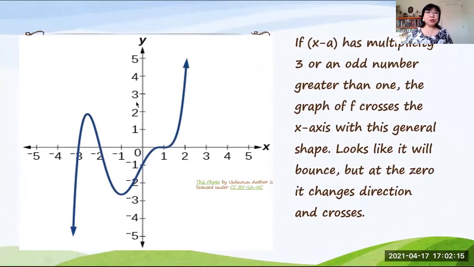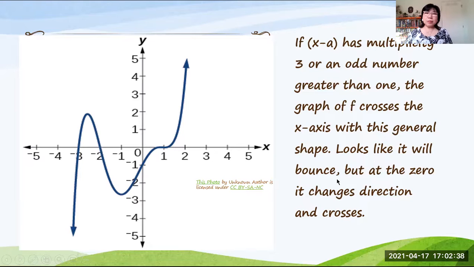So now I will show you the next graph of the polynomial function. And in here, I state if x minus a has a multiplicity of 3 or an odd number greater than 1, the graph of f crosses the x-axis with this general shape.